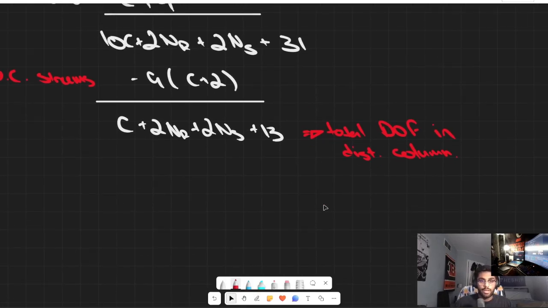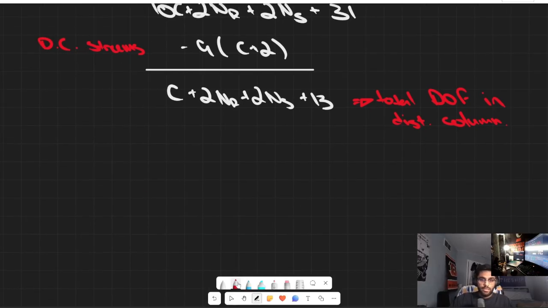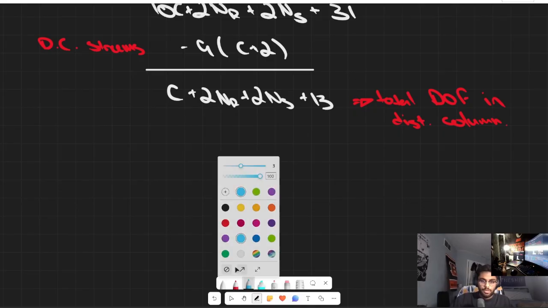And now we can go through and specify what each of these degrees of freedom can be. So the first thing, I'll use a different color here.